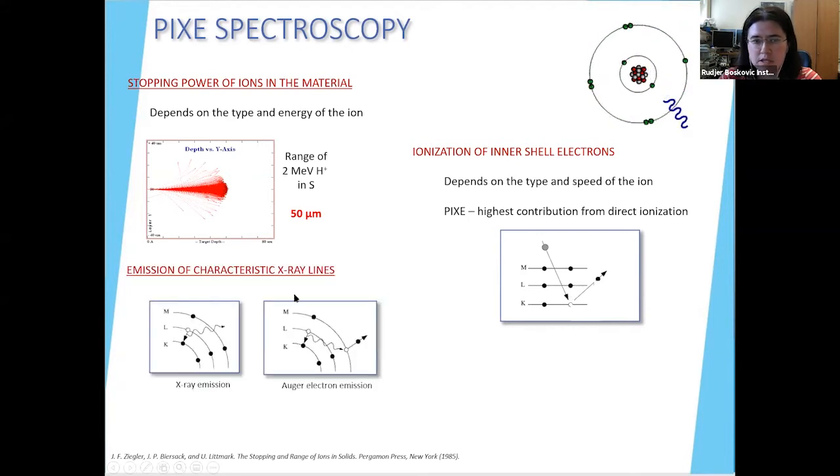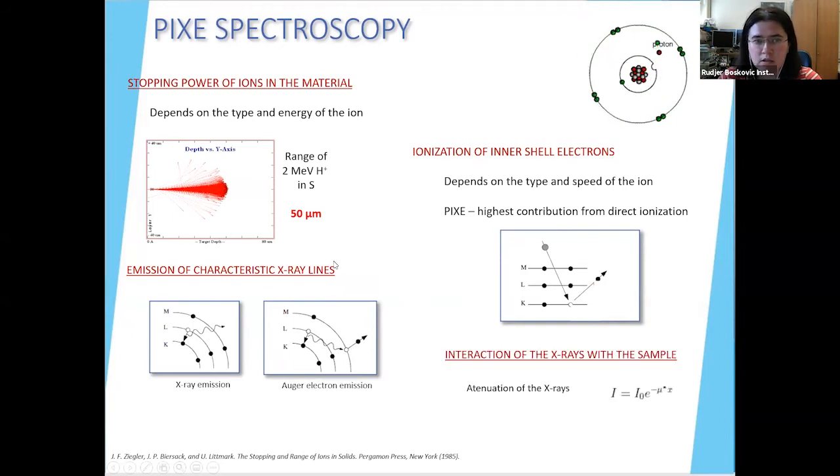The next step is that this inner shell will be filled by electrons from the upper shells, and this will result either in the emission of X-rays, or the emitted X-ray can be absorbed within the atom itself, and it will result in the emission of an Auger electron. So in that case, you don't have the emission of X-rays.